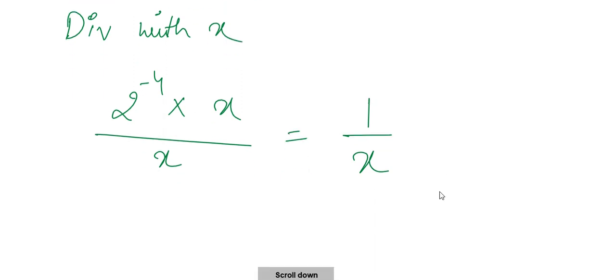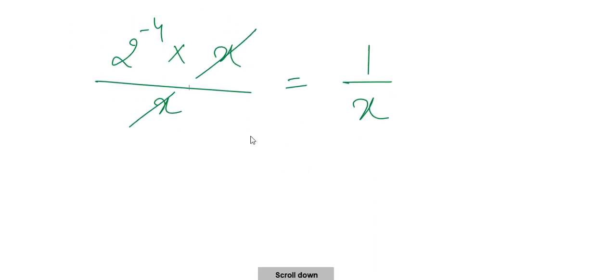So it would seem like this. Here x would cancel with x, and I would be having 2 raised to the power minus 4 equal to 1 upon x. So I needed the value of x.